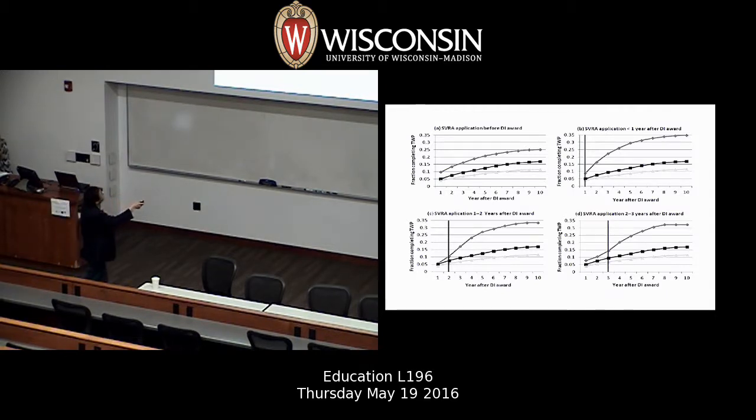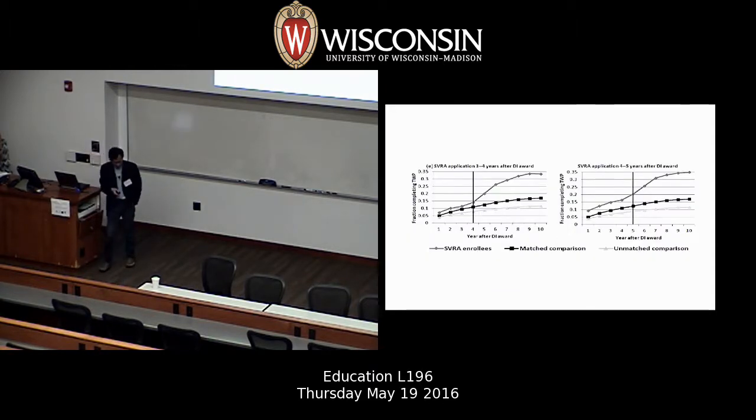And you can see for those who received stable career services before they received DI, less than 1 year, you can see the difference, and 1 to 2 years, and also 2 to 3 years. Then this is the 3 to 4 years, and this is the 4 to 5 years.